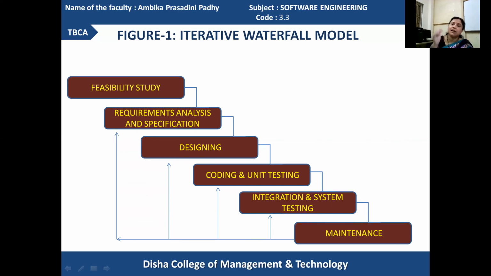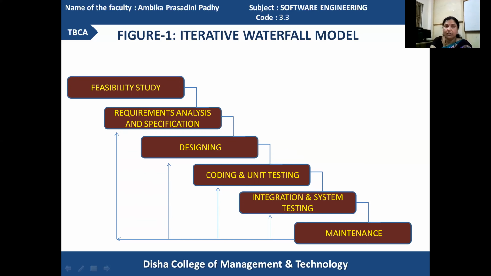As in the classical waterfall model, a similar set of steps is present in the iterative waterfall model. The only change is the flow lines indicating paths back to different stages. The backward movement helps the developer look back and correct errors, if any, in the previous stages.